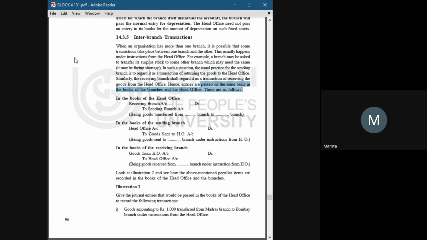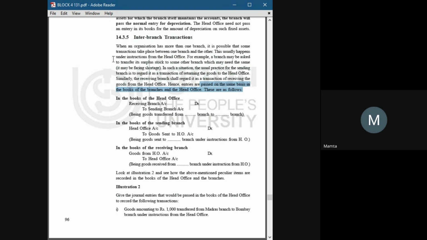What it is saying is, we have a transaction between branch and branch only. Suppose this is the branch and this is the second branch, and this is the head office. Branch A has some stock left, and head office has a requirement from branch B for the same stock.